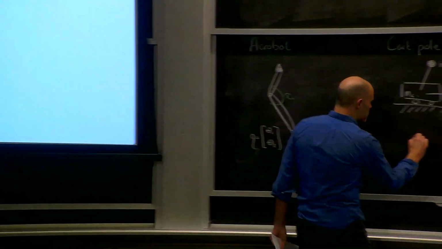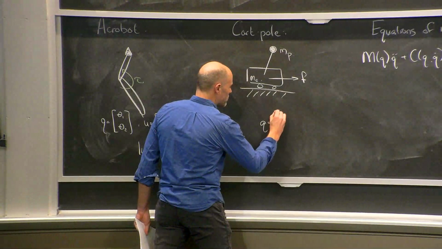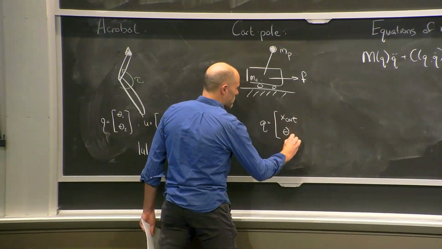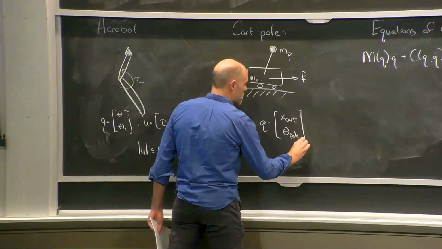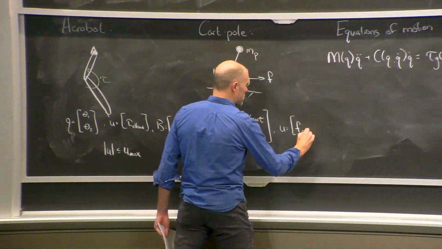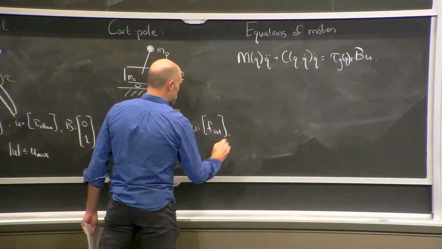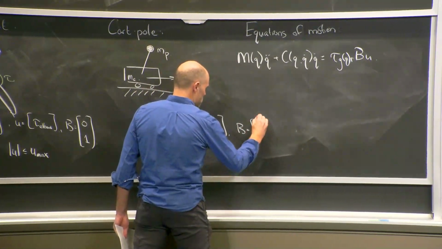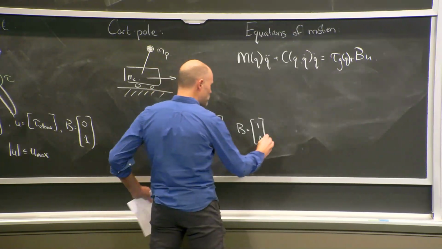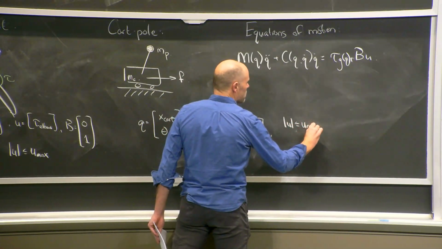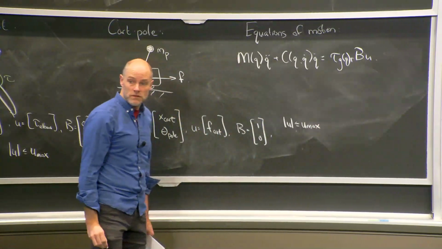For this one, for the cart pole, we're going to say q is the x position of the cart and the theta position of the pole. U is going to be the force on the cart. Okay. B is going to be 1, 0. And then we typically have, again, some sort of torque limit, force limit.